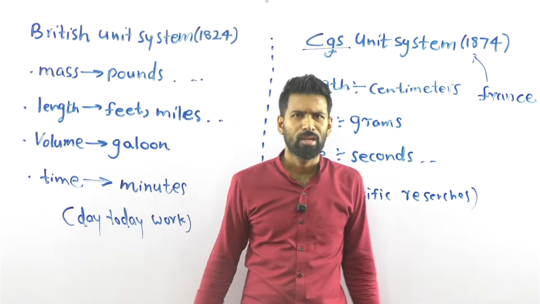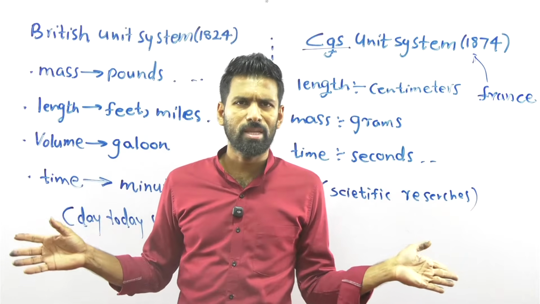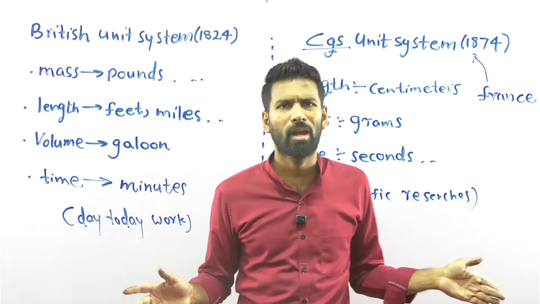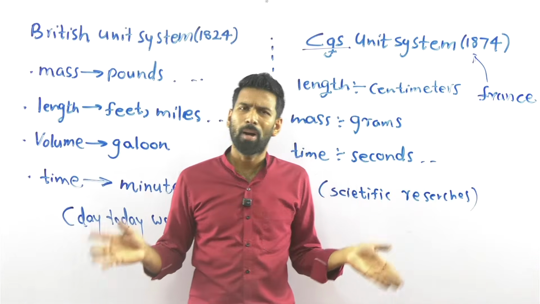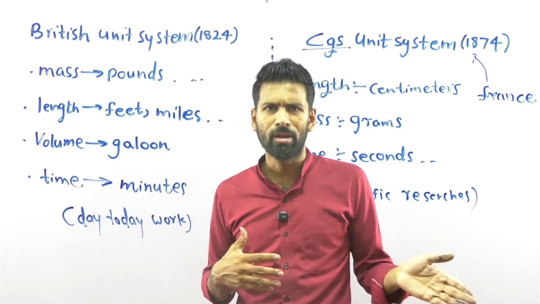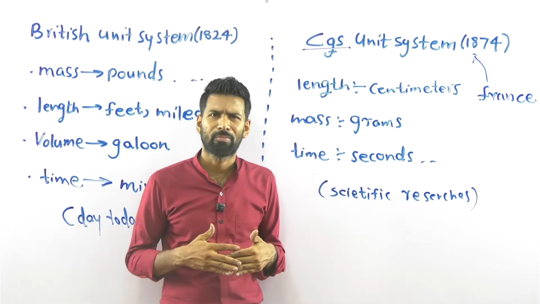This is the case. These unit systems, the British Imperial one and the CGS unit system, are not bad ones. But when different parts of the world use different unit systems, it's very disturbing.